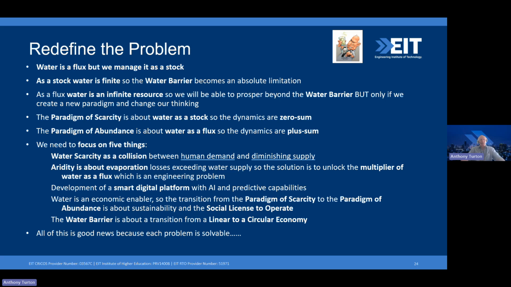Therefore, think of it as a ratio, and think of the multiplier of water as a flux, which now becomes an engineering problem that can be solved. Every problem has a solution. Every dilemma doesn't have a solution, because a dilemma is something that is insoluble. So our role as professionals in the water sector is to convert a dilemma into a series of problems, because problems can be solved, dilemmas can't be.